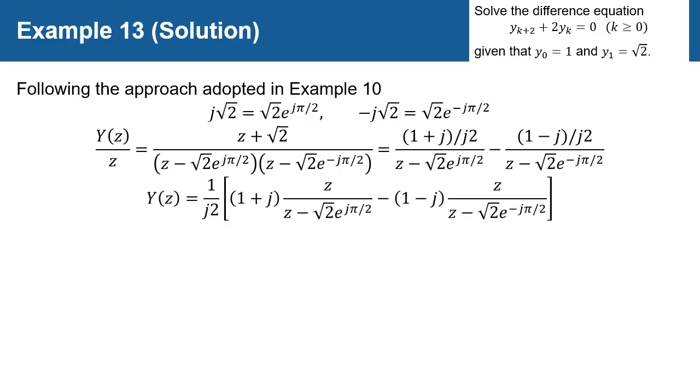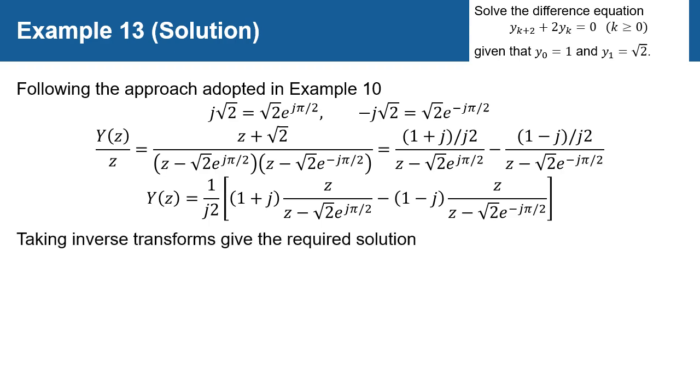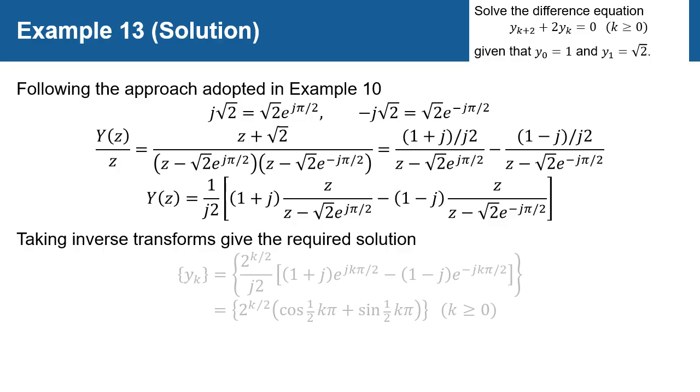We now have Y(z) equal to 1 over j2 times the quantity (1 plus j) times z over (z minus square root of 2 e raised to j pi over 2) minus (1 minus j) times z over (z minus square root of 2 e raised to negative j pi over 2). Taking the inverse transforms will now give us the required solution.